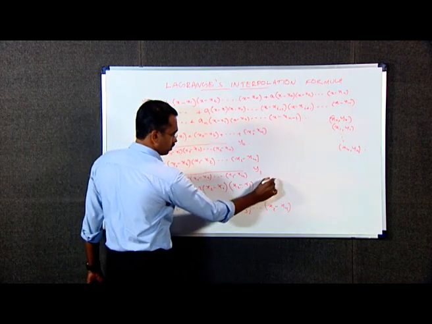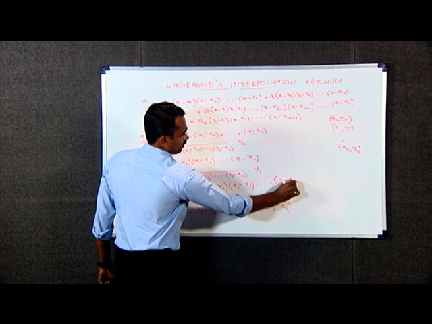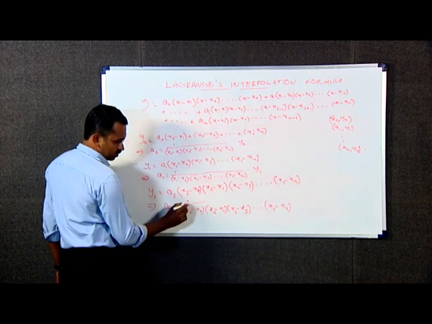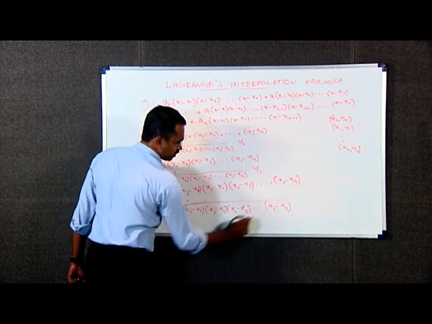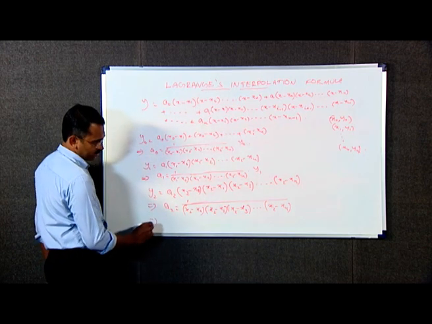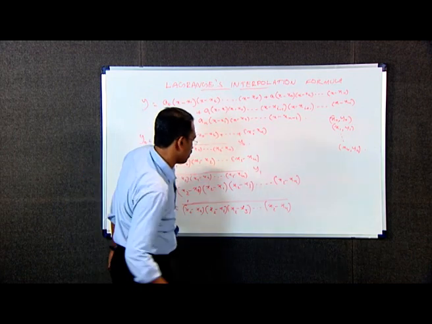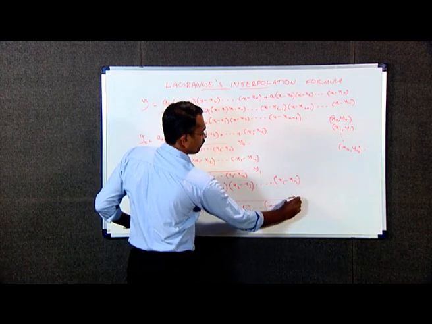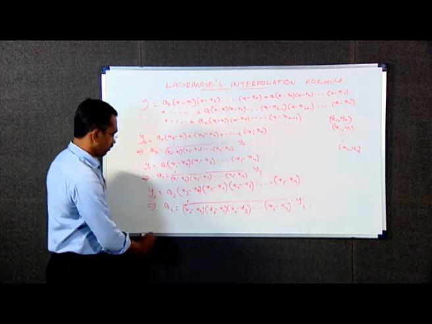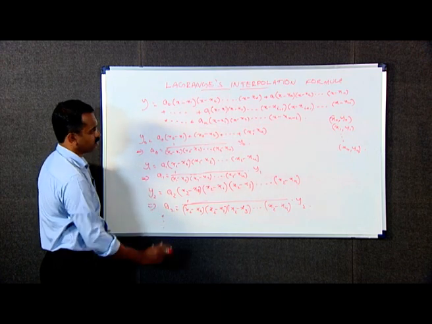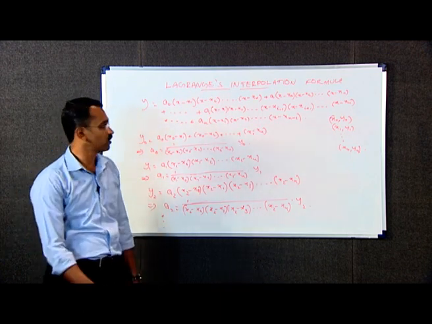Therefore, a2 is equal to 1 divided by this, that is, a2 is this into y2. Proceeding like this, we will get all the coefficients.